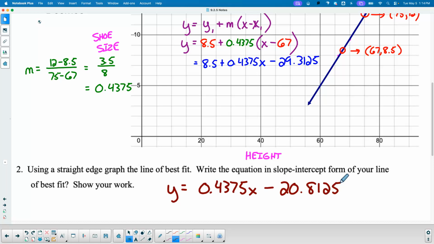Yes? I distributed the green number into my parentheses. Okay. For both. It's got to go into both. Yes? Okay. We'll verify this momentarily.